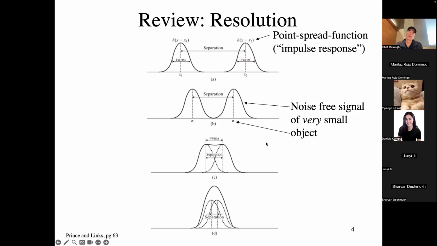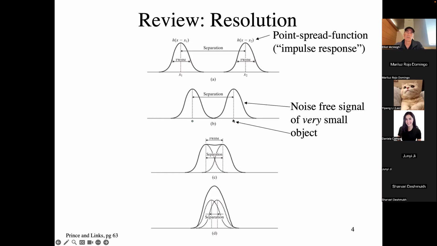And remember, a very important concept, we're going to review it because we already looked at this, is the point spread function. It's also called, and we'll interchangeably call it, point spread function and impulse response function. If I say impulse response, that's what it means. It's the point spread function.